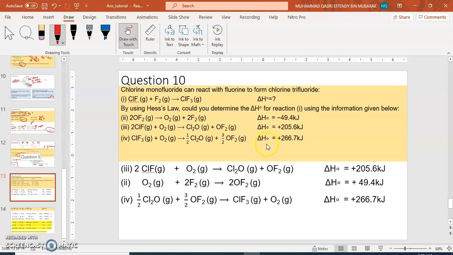So first things first, if I have this kind of question, what I will do is look at the final equation, and also the equations given to us to determine the enthalpy.